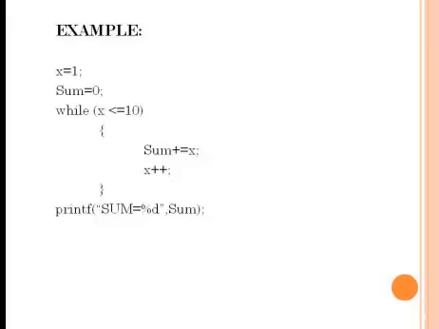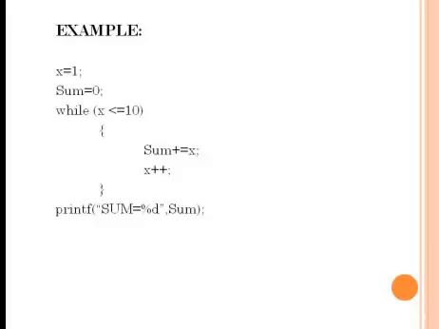After evaluating the first iteration, the value of x is 2 and the value of sum is 1. Again it checks the condition. Here the condition is 2 less than or equals to 10. This condition is true, so the statements in the while loop are executed.